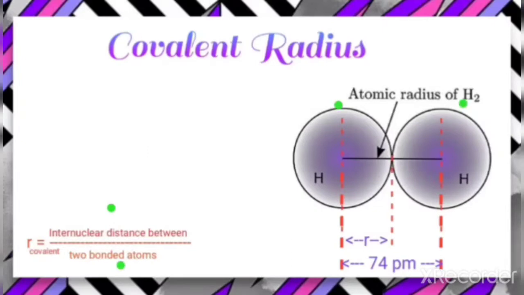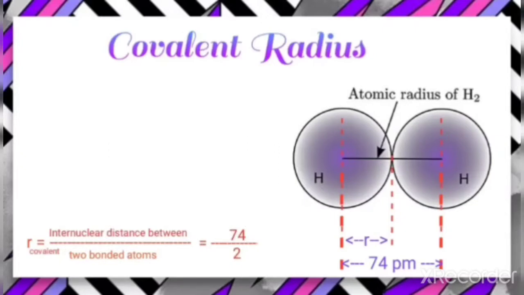In the case of the hydrogen atom, the experimentally determined internuclear distance is 74 pm, and the two atoms are bonded, so we will write the value like this: 74 divided by 2.